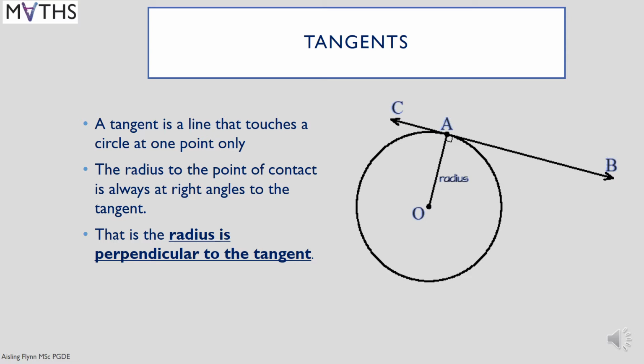If we choose a different point of contact and sketch a tangent which touches the circle at one point only, this is what we call the point of contact. Let's call our tangent T. The radius to that point of contact is always at 90 degrees, or perpendicular, to the tangent.